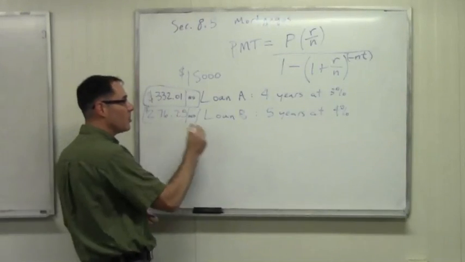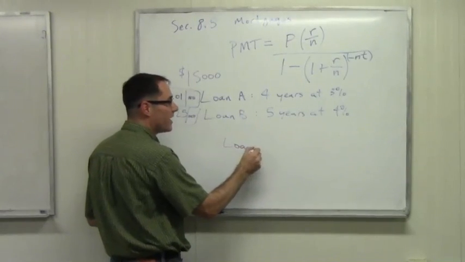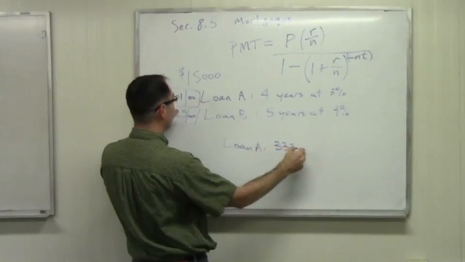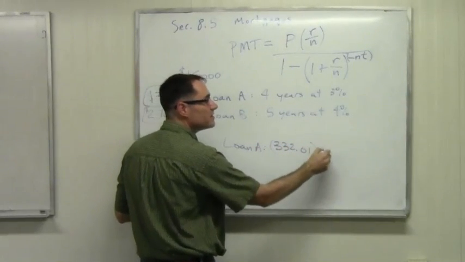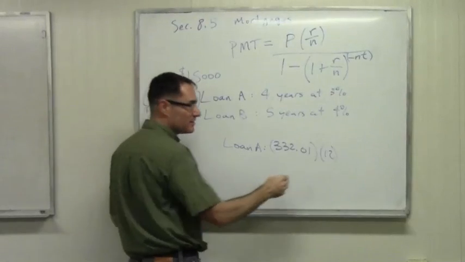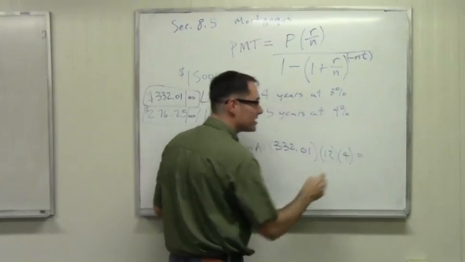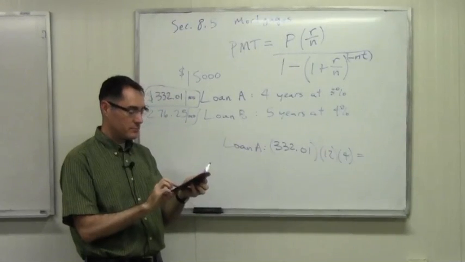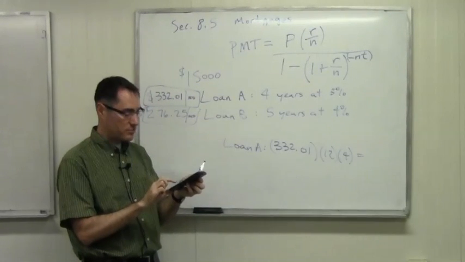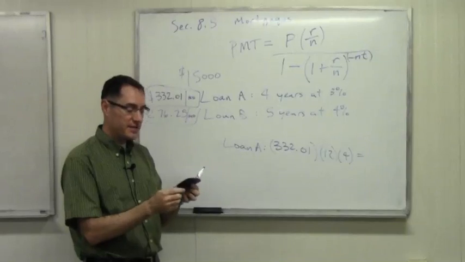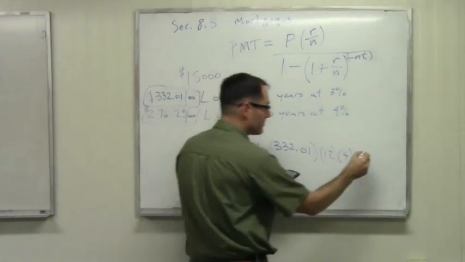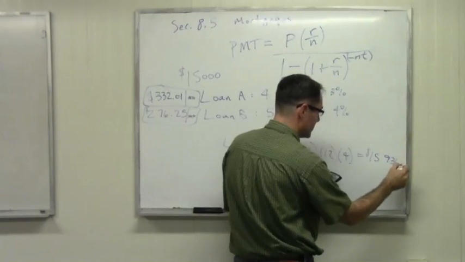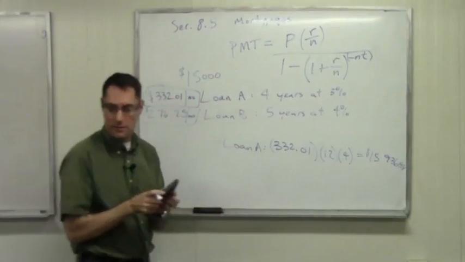But loan A costs you, in the end, $332.01 times 12 months times 4 years, which is $15,936.48.